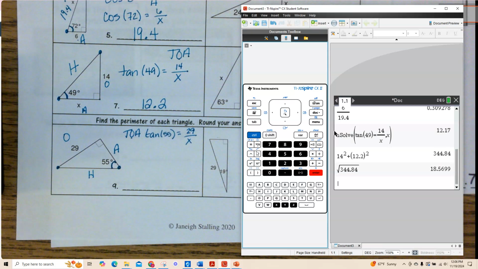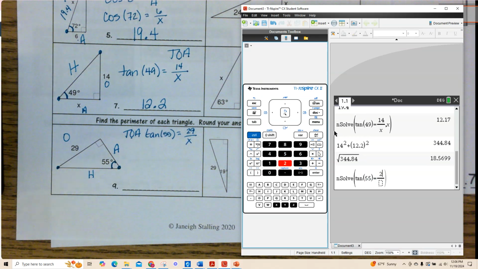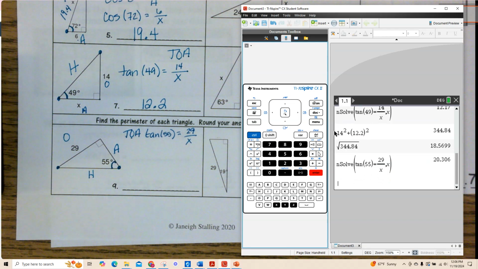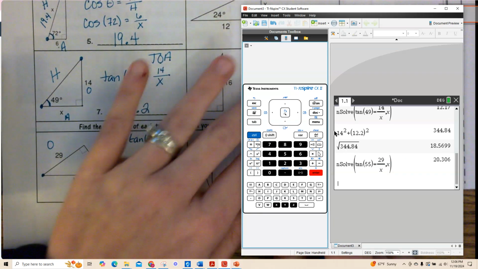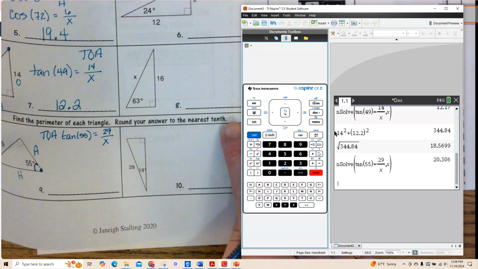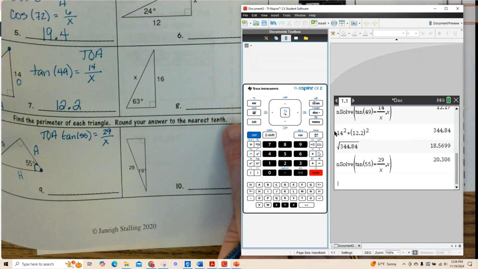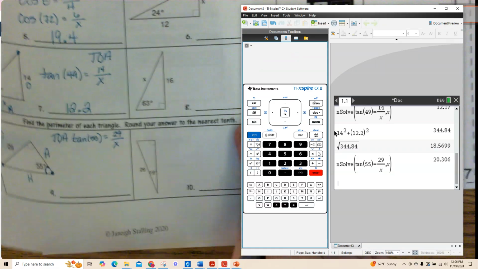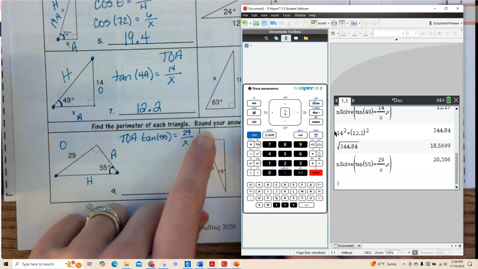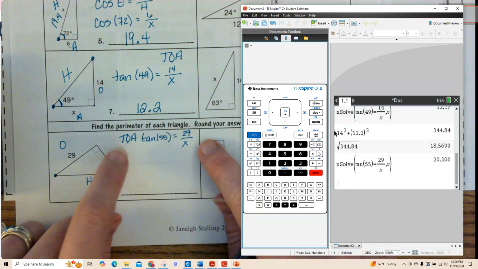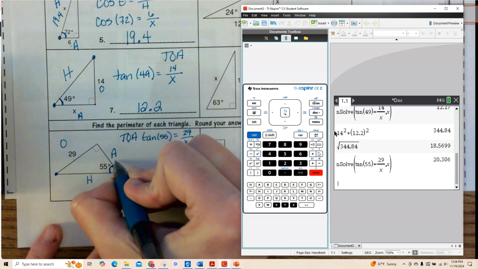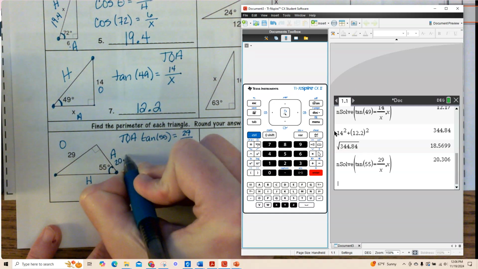Again, if you can write the equation, the calculator will do the hard stuff for you. So tangent of 55 equals 29 over X, comma X. We're rounding to the nearest tenth. That's your final answer. Best rule of thumb is go one more decimal place until the very end. So that means my adjacent side, this side right here, I would say is 20.31.